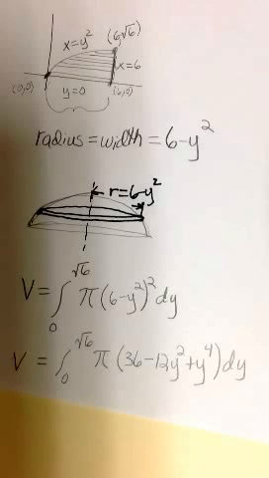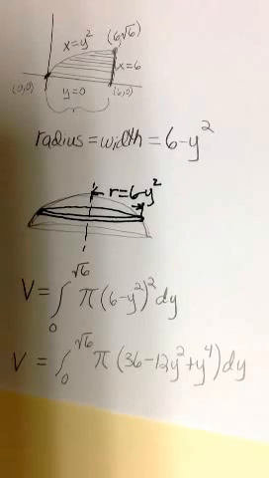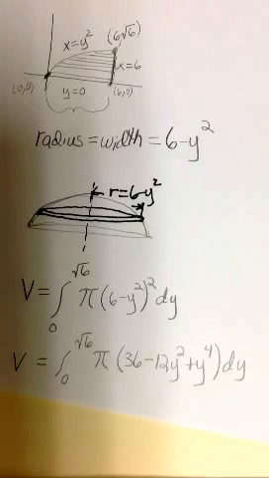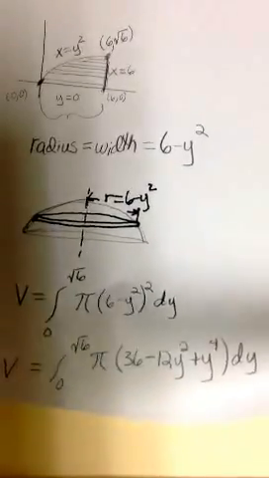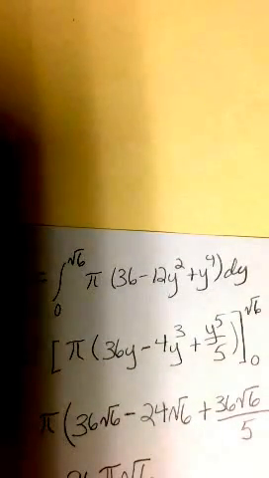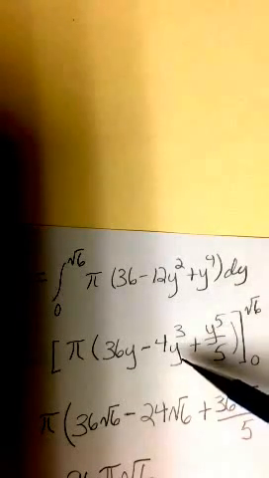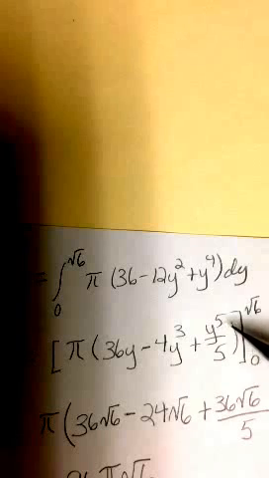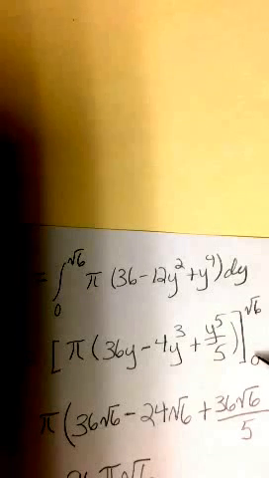Once we use the power rule of integration, the volume is going to be pi times the quantity of 36y. Antiderivative of negative 12y squared is going to be negative 4y cubed. For y to the fourth, we have y to the fifth over 5. Again, as y proceeds from 0 to the square root of 6.